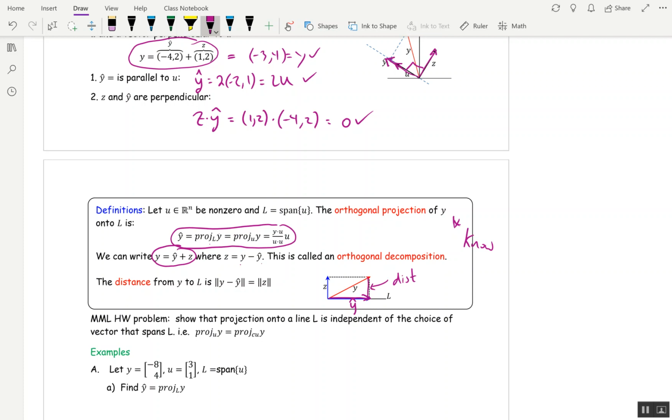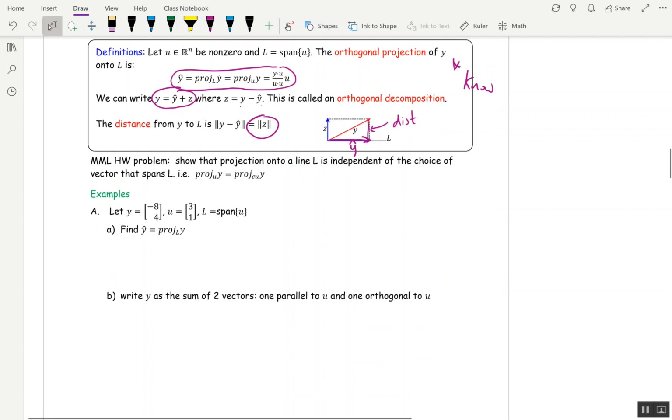So let's try doing these three things with an example. So we've got y here, u, and L will be the span of u. So find y hat. All right, if we're going to use a formula, we should write it down. Y hat is y dot u over u dot u, times u. And if you write it down every time you use it in your homework, you're going to have a much easier time remembering it.